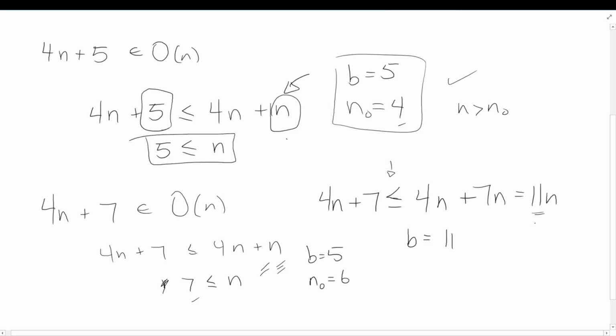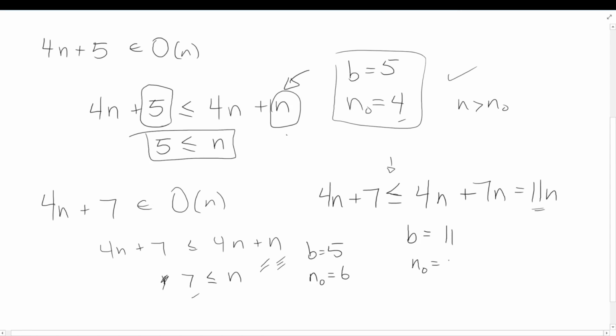This different technique gave us a different constant b, but it still works. And in fact, this one works for all n greater than or equal to 0. Actually, we could make it 0. Now let's see, how do we know that that's true? Well, what did I actually do to this term when I promoted it? I multiplied it by n.